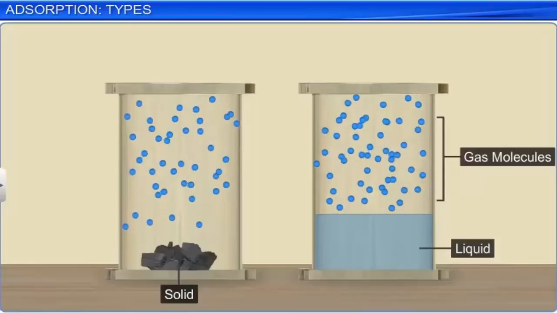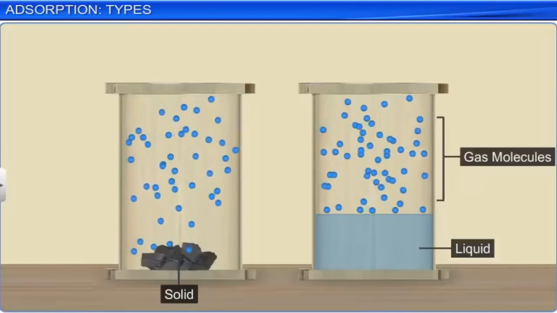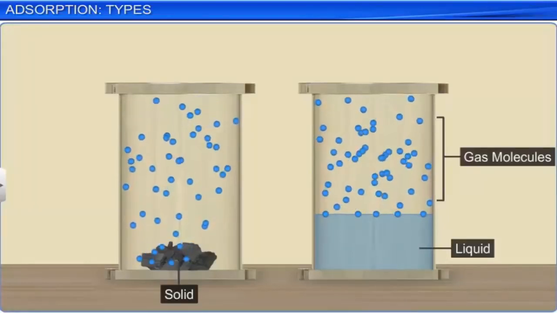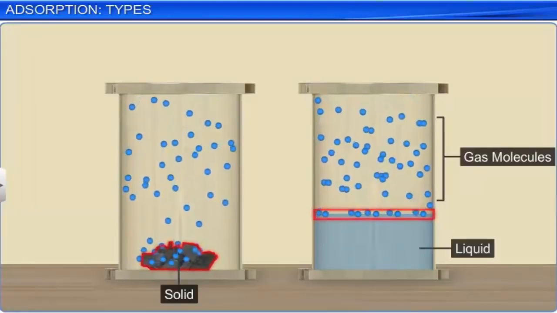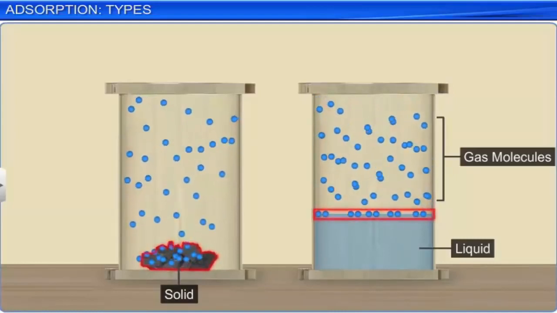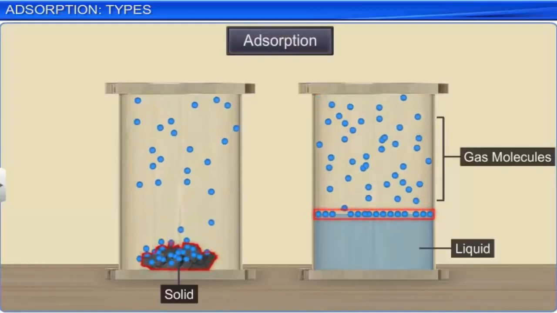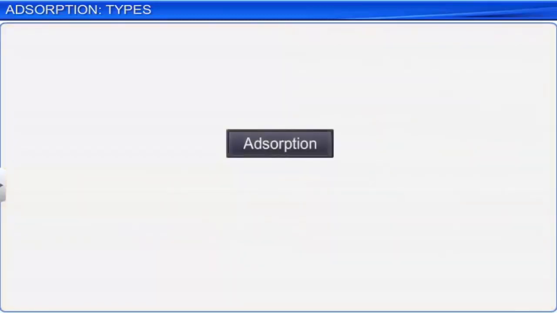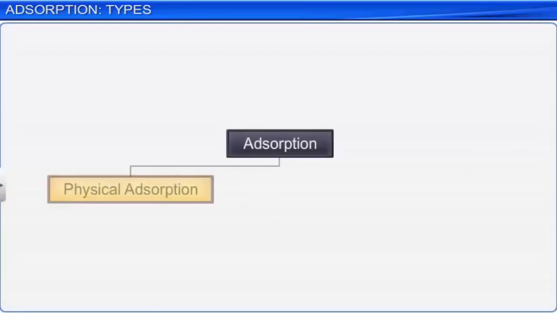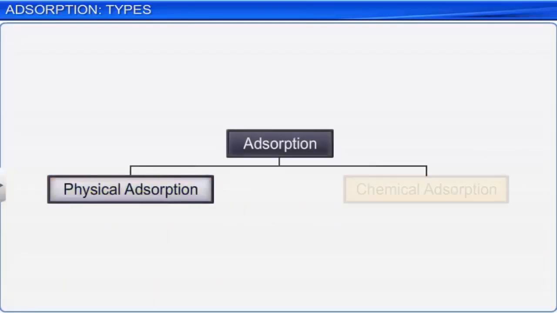You know that the accumulation of molecular species on the surface of a solid or liquid, resulting in a higher concentration of the molecules on the surface, is known as adsorption. Adsorption of gases on solids can be of two types: physical adsorption and chemical adsorption.